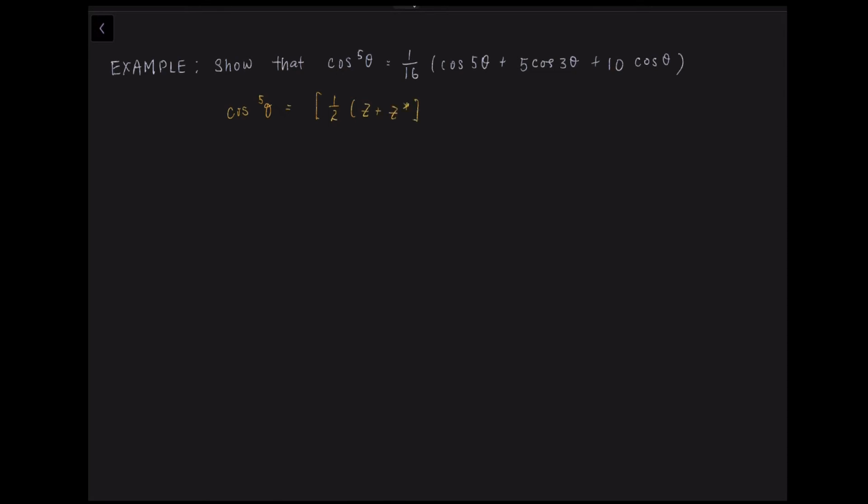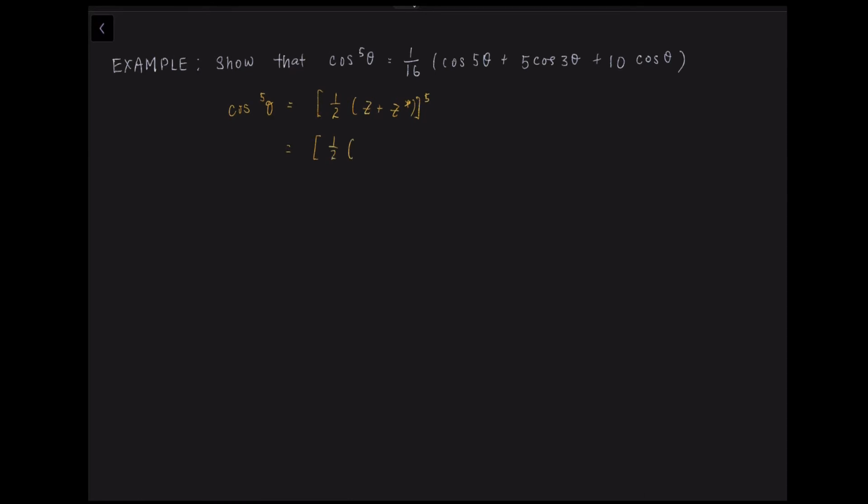Using z equals cos theta plus i sine theta and z star equals cos theta minus i sine theta, we have cos theta to the power of 5 equals 1 over 2 times z plus z star to the power of 5. And we convert the z star into z to the power of minus 1 again, and expand the whole expression using the binomial theorem.